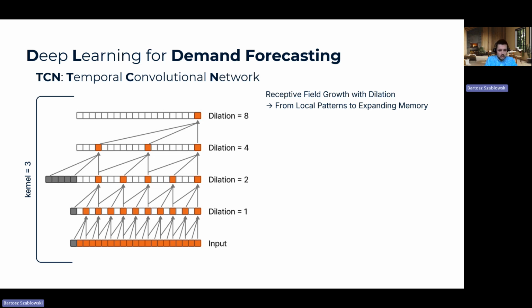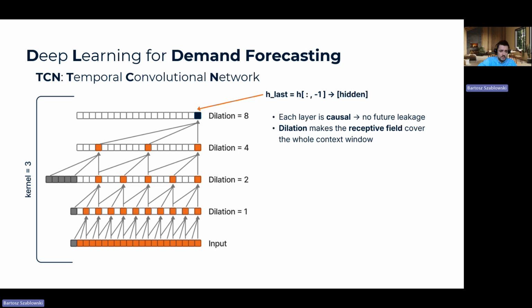So the first layer will learn short-term patterns. The next one combines them into longer dependencies, and the whole stack produces a representation that covers almost or exactly the entire historical window. So instead of looking at the entire history with one large filter, we build the picture step by step from local signal to broad context.